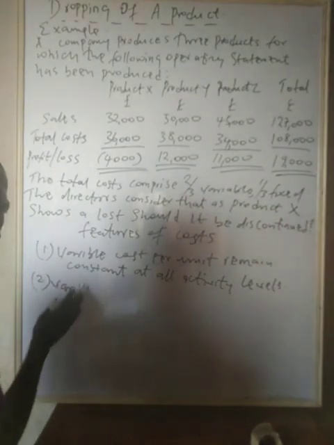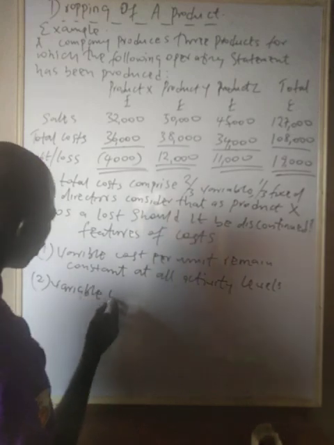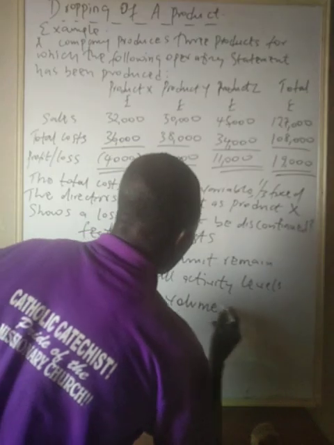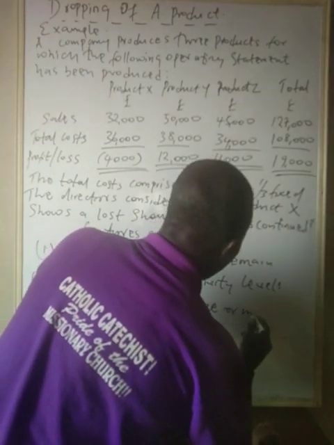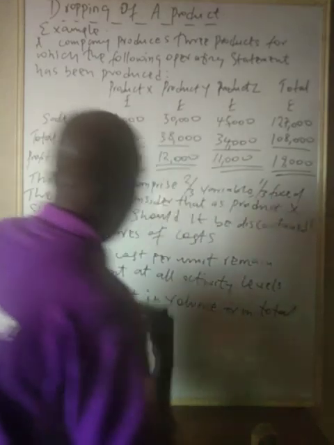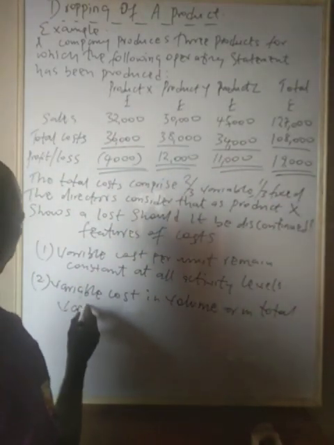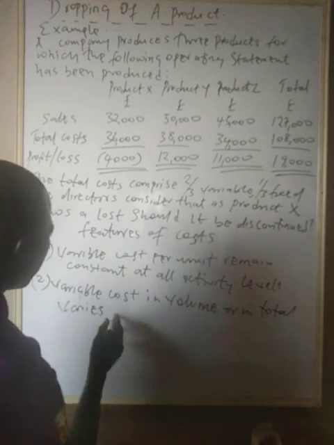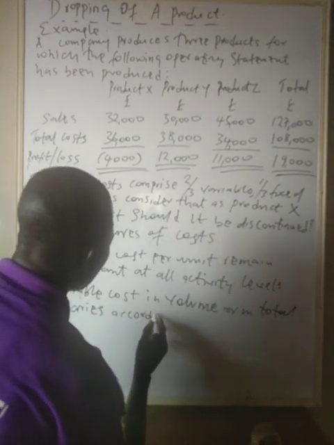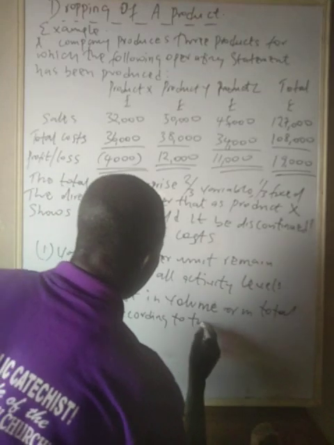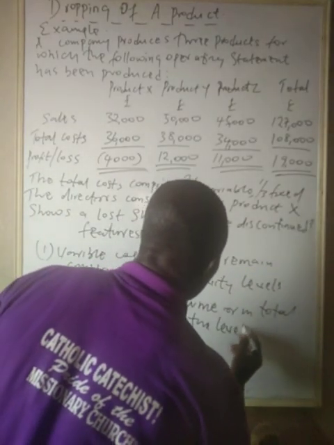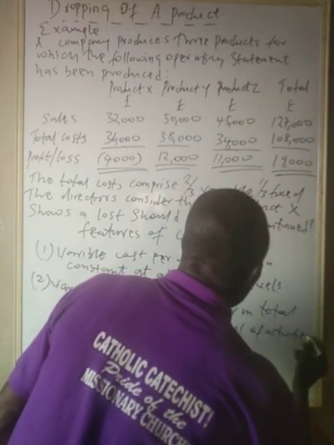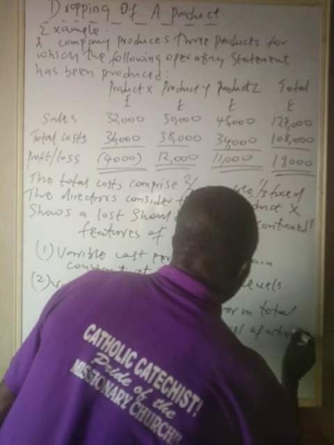Variable cost in volume or in total varies according to the level of activities.